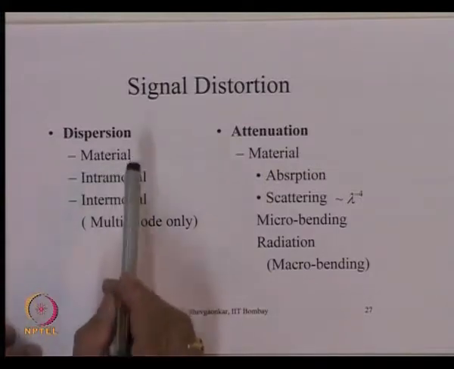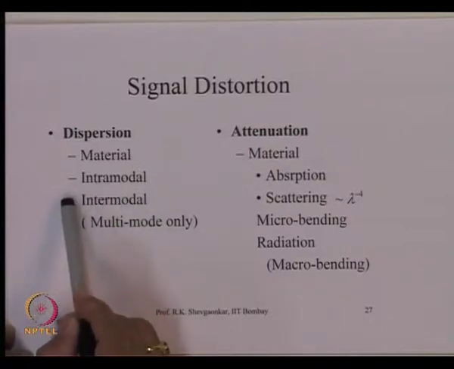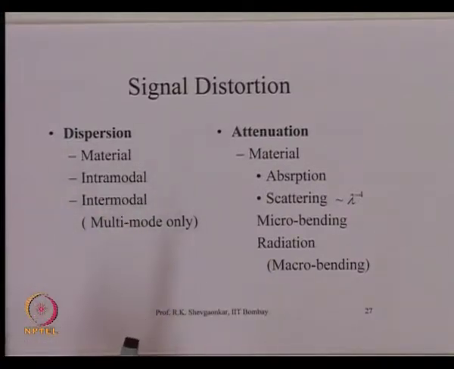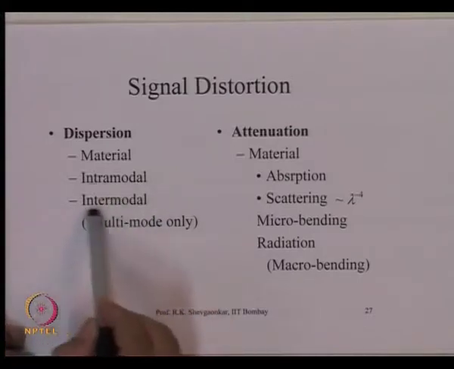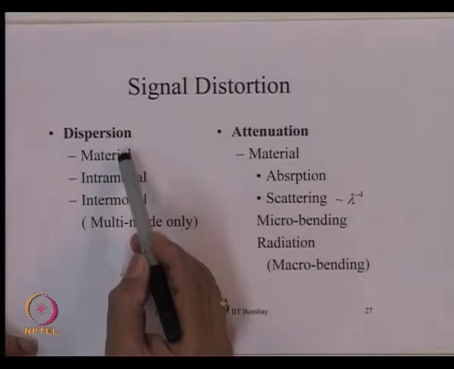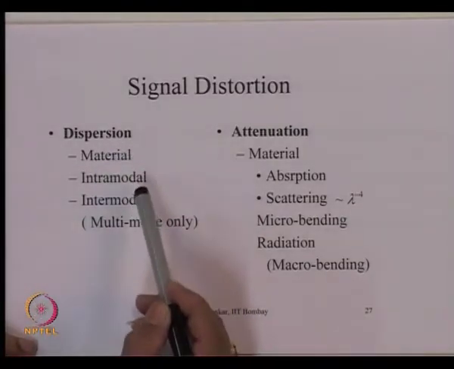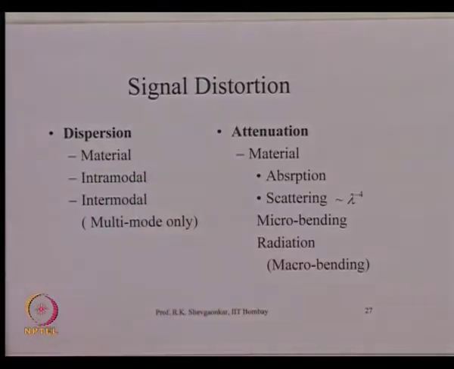So, inside a single mode optical fiber, intermodal dispersion, that is because of propagation of different modes, is not present. So, this dispersion is present only in a multimode fiber, whereas if you take a single mode fiber, then you have two dispersions. One is material dispersion, other one is the intramodal dispersion.